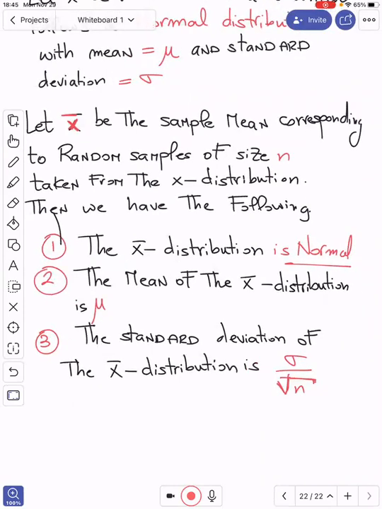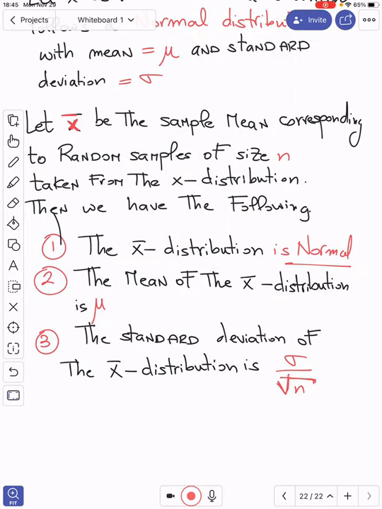So we have, let's say, 100 samples of size n, and of course each sample has an x bar, an average. So you have an x bar distribution.